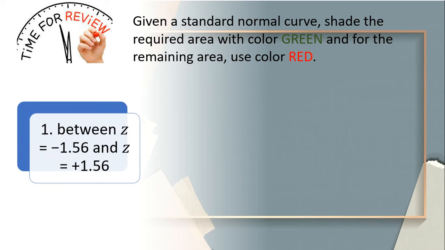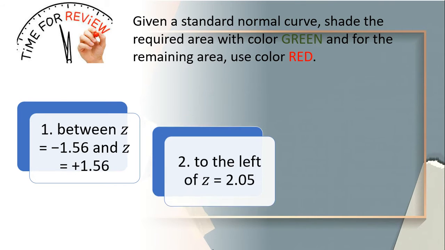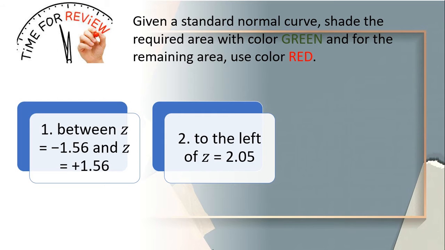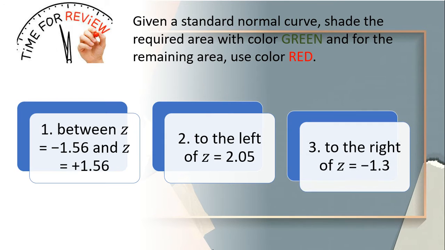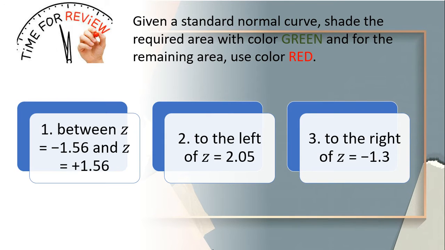So number 1, between z equals negative 1.56 and z equals positive 1.56. For number 2 is to the left of z equals 2.05 or below z equals 2.05. Ang number 3 naman is to the right of z equals negative 1.3. Okay, gawin nyo na.